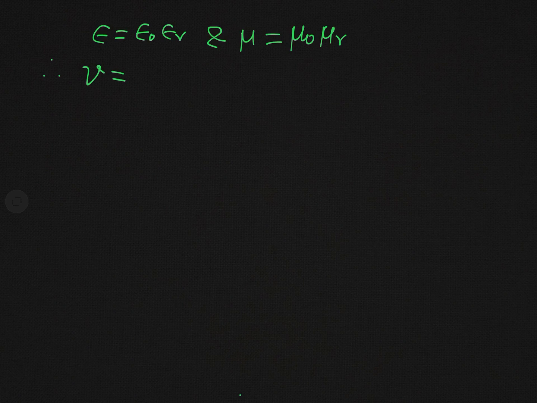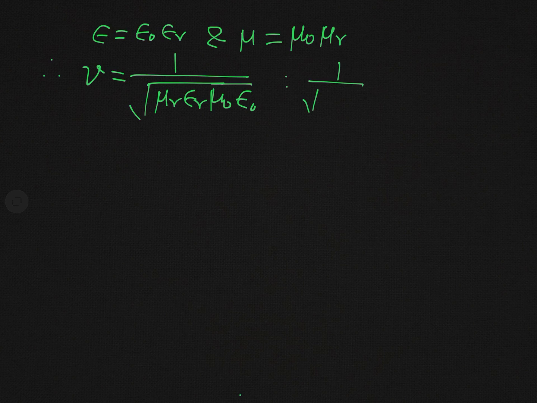And therefore, the expression for V can be written as 1 over root over mu r into epsilon r mu naught into epsilon naught. But we know that this 1 over root over mu naught epsilon naught, you have studied in previous lecture that this is equal to C, and this C is actually what?